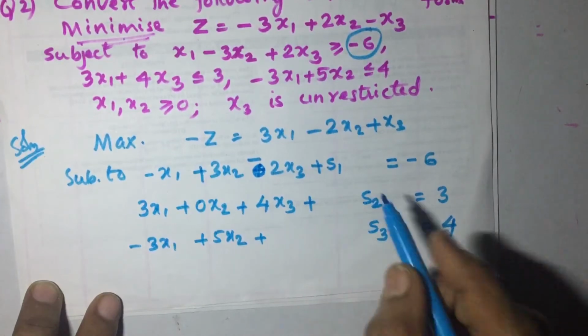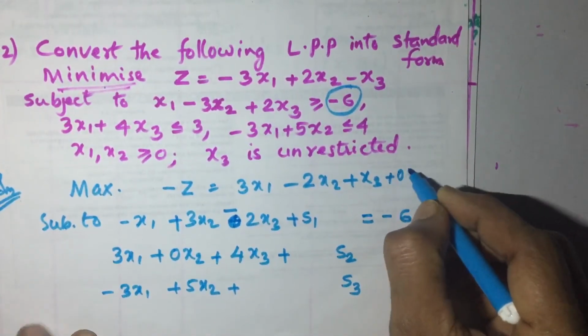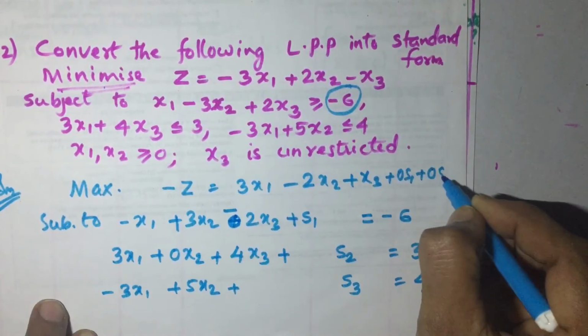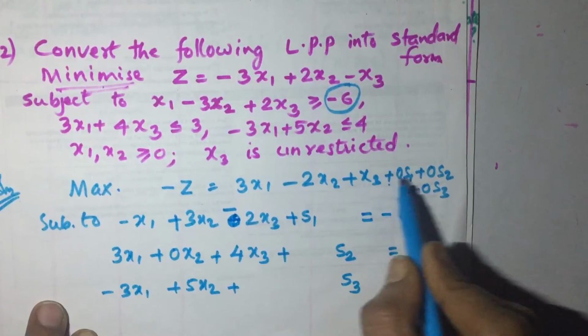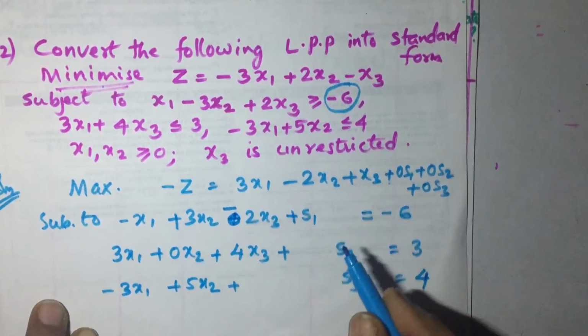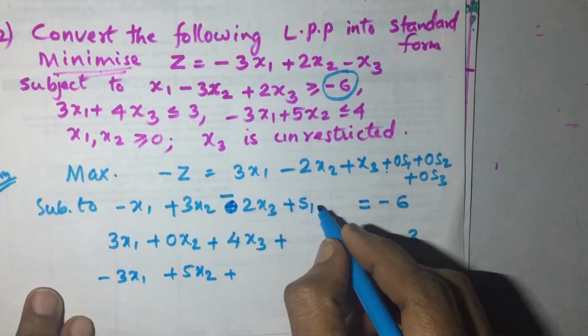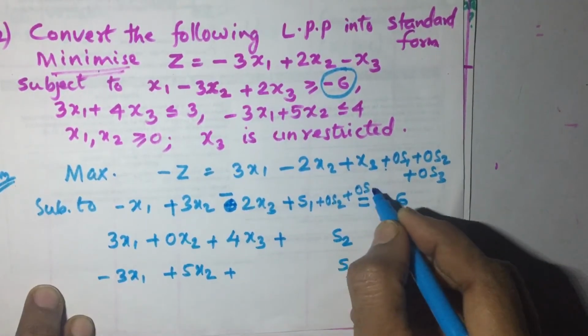Okay. Now here S1, S2, S3 is there. So here also I will put 0 S1 plus 0 S2 plus 0 S3, or minus 0 S1 minus 0 S2 minus 0 S3, that doesn't matter. So you can write it anyway. Now here S1 plus 0 S2 plus 0 S3.